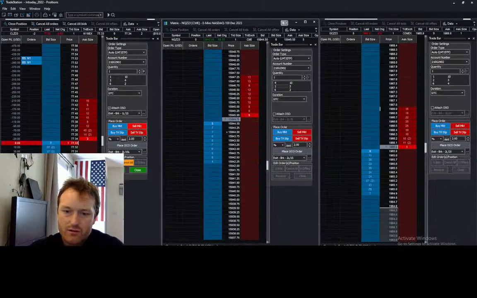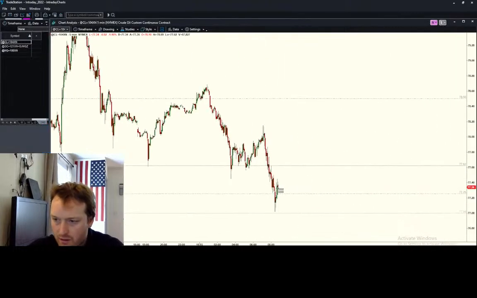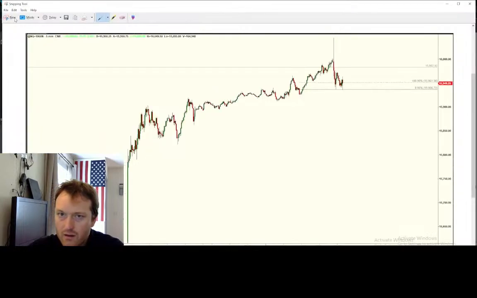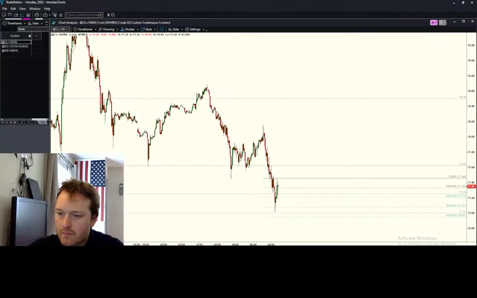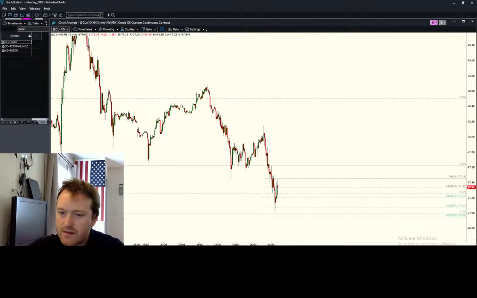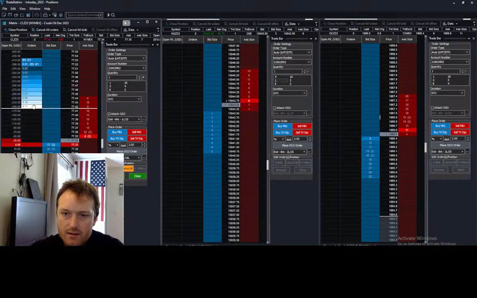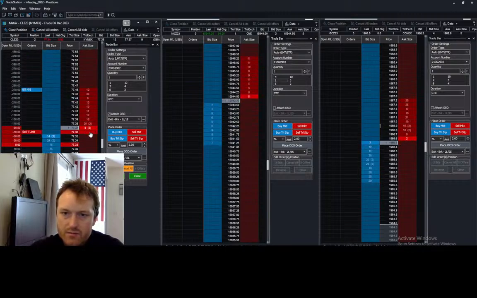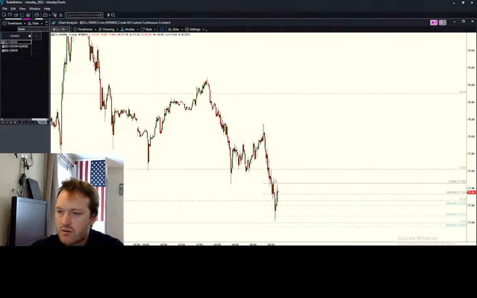I'm gonna go 2 contracts because it's a comeback bar, a breakout bar prevention. My stop loss has to be in place at this high, 77.46.